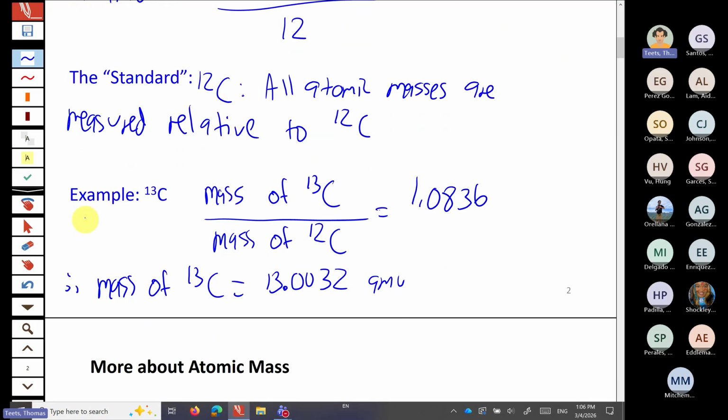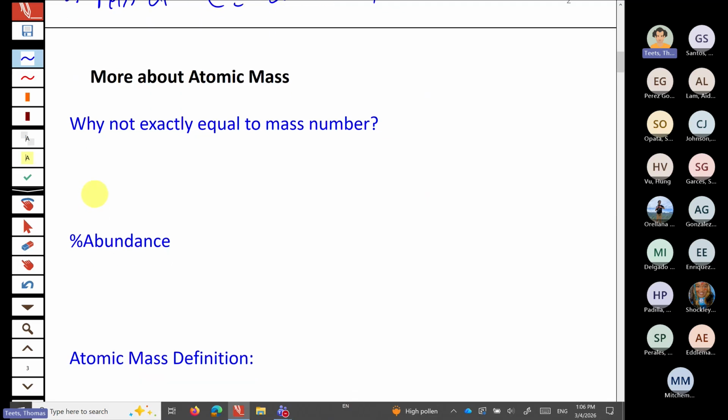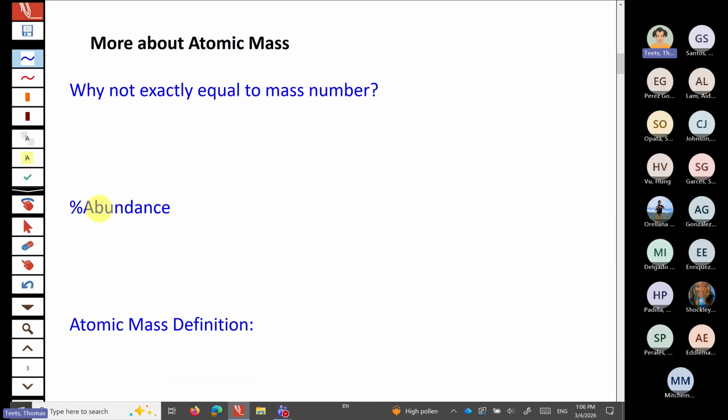That comes from something we're not going to talk a lot about, but just to give it as appropriate background, it's not exactly equal to the mass number, except for carbon-12, where that's set to be the case, because of this relationship that Einstein came up with, E equals mc squared, which states that energy and mass are interchangeable with each other at some level.